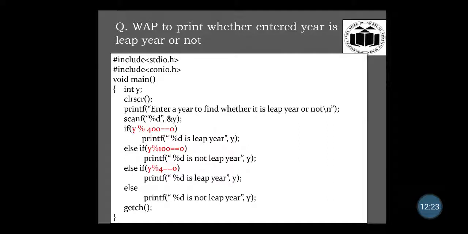If year mod 100 is equal to 0, that means year is divisible by 100, then we are not checking whether it is divisible by 4 or not, because if it is divisible by 100, then it should be printed that it is not leap year. Every year which is divisible by 100, except those divisible by 400, are not leap years. So this is the concept.